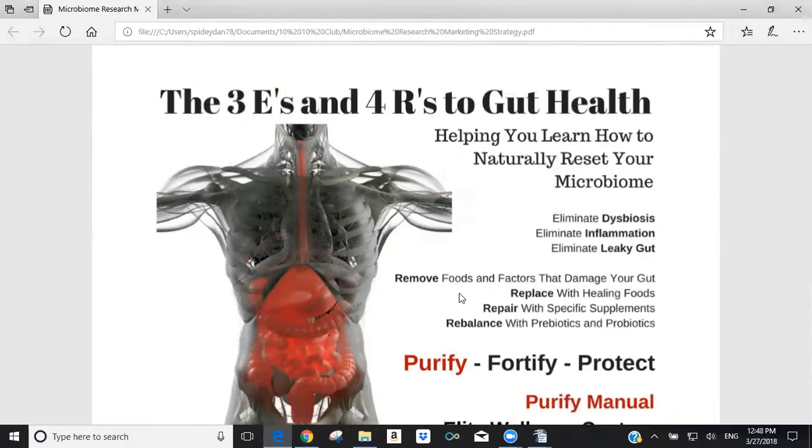Again, if you go to that ebook on the microbiome, you'll get greater information about a leaky gut, about inflammation, and then this word called dysbiosis. All this means is that the microbial communities in the abdominal cavity are disrupted.